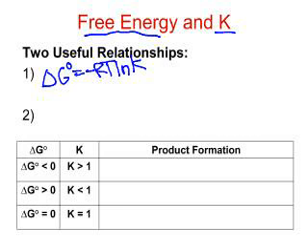The last one here is less important, but you see here we have the degree symbol, so this is the standard free energy change, for a process going on at 25 degrees Celsius.